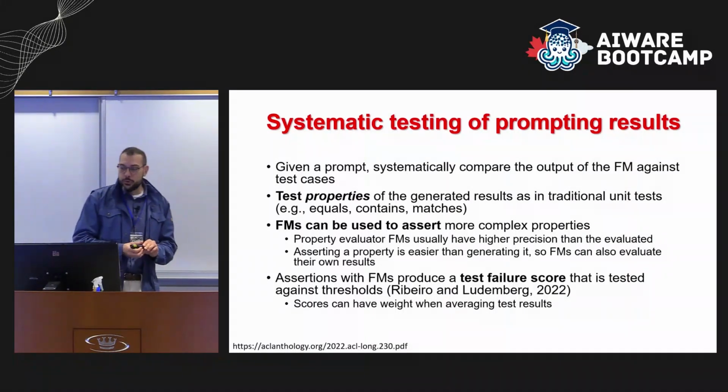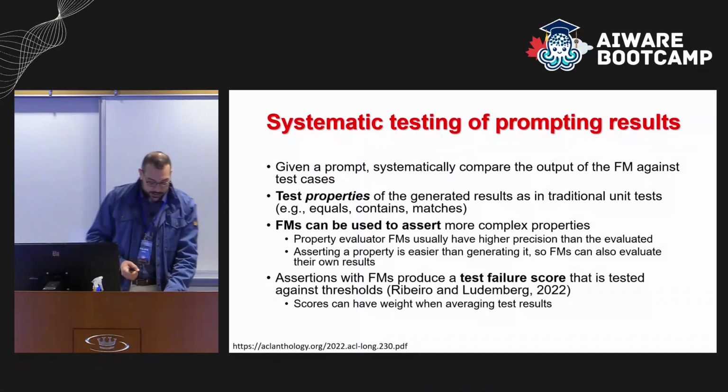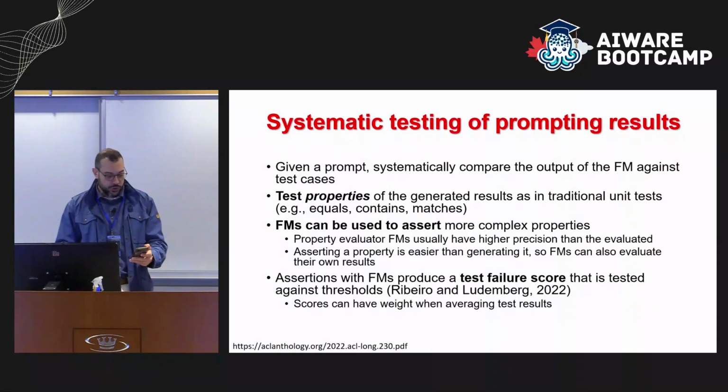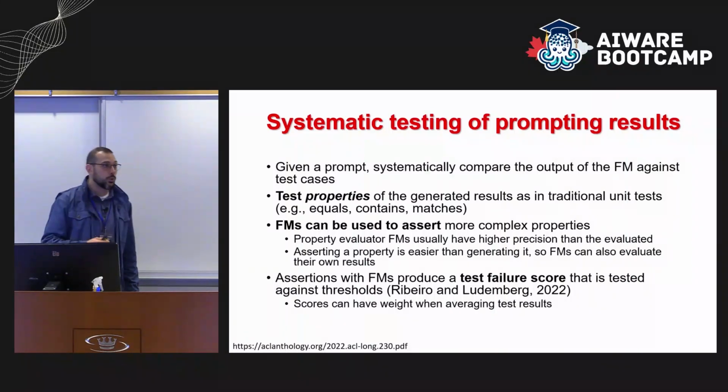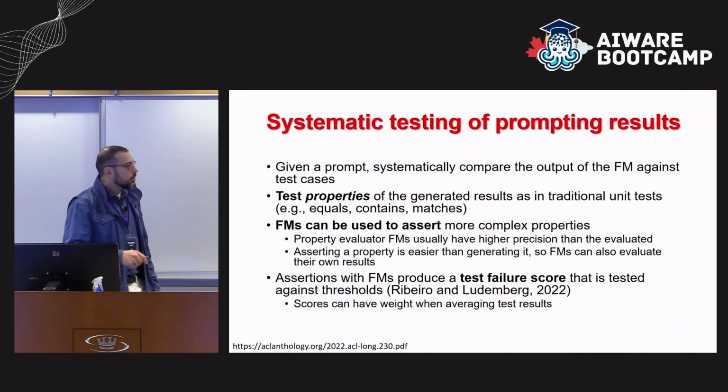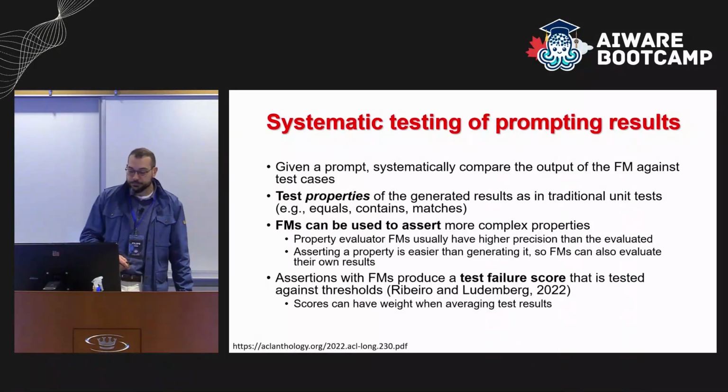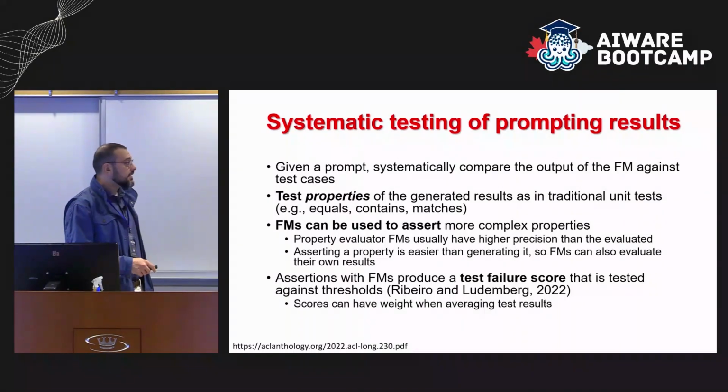And when you're prompting, you need to systematically evaluate the outputs, and you usually do that by testing some properties of your output. Okay. So if it contains a certain word that you might want or you might not want, okay? If it matches some properties there, or maybe even if it equals something that you expect, okay? So this is assertion, pretty much as we know from traditional testing, okay?